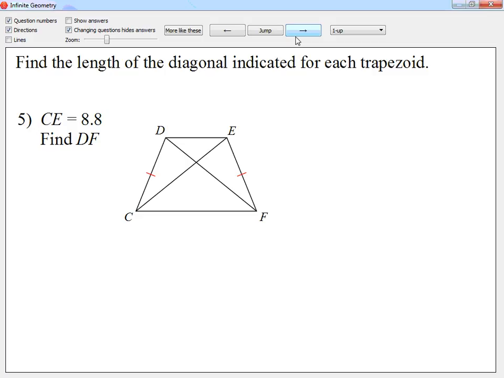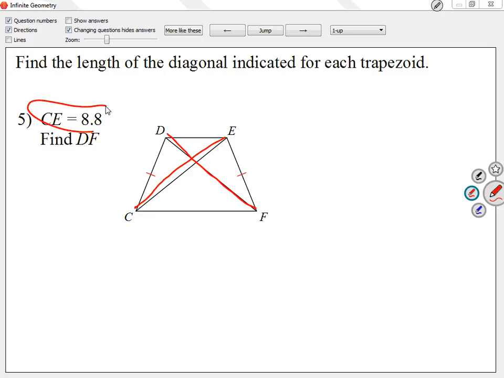Now looking at question number 5, the length of the diagonals in the trapezoid. If it is isosceles, the length of the diagonals is the same. What I mean is the length CE is the same as the length DF. The length of one diagonal is the same as the other diagonal as long as the trapezoid is isosceles, which is the case. I know CE is 8.8.